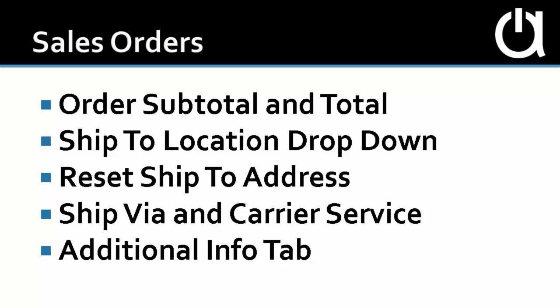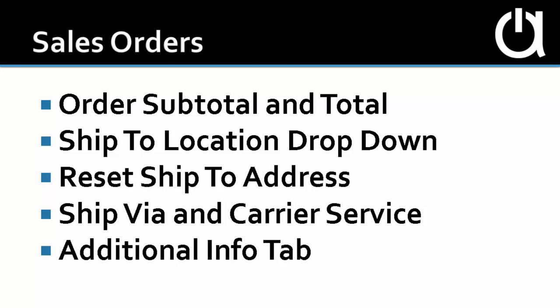The logic behind this is that when a user updates the contact information and then goes back to change the ship to location to change the address, that user obviously isn't going to want to update that contact information again. They're going to want it to stick to what it was when they created that order.